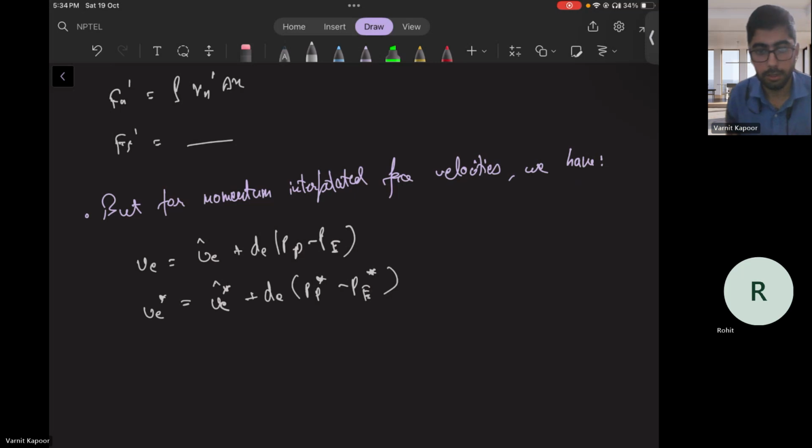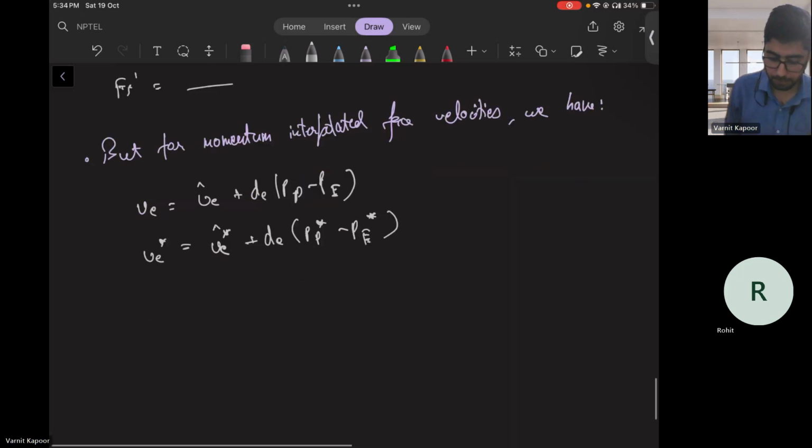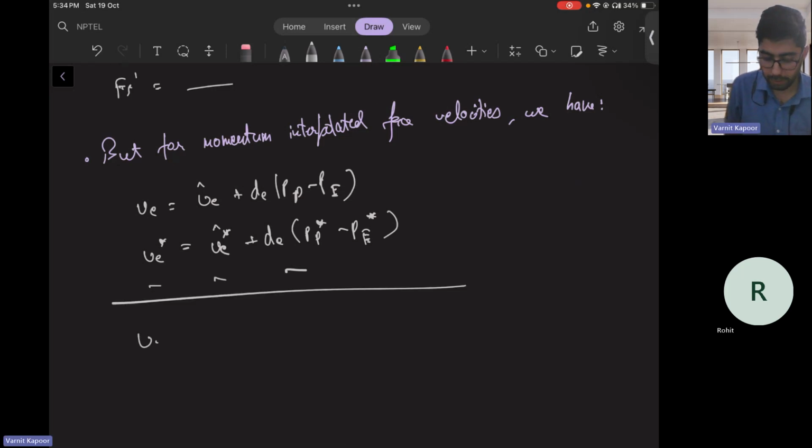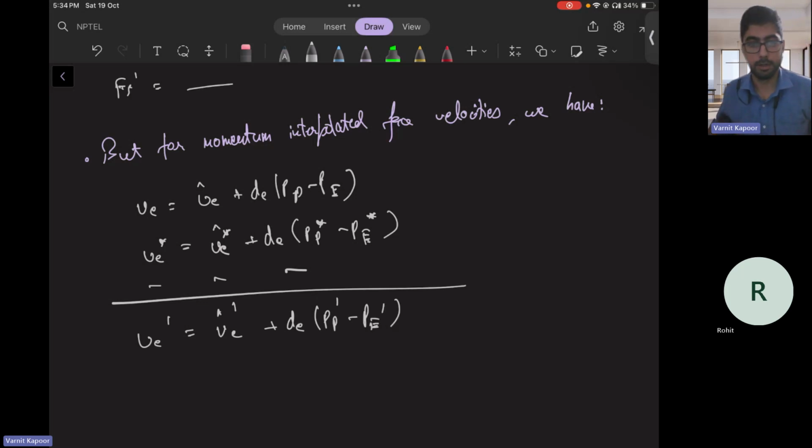Subtracting these two, you get it in terms of prime: UE dash is equal to UE hat dash plus DE into PP dash minus PE dash.